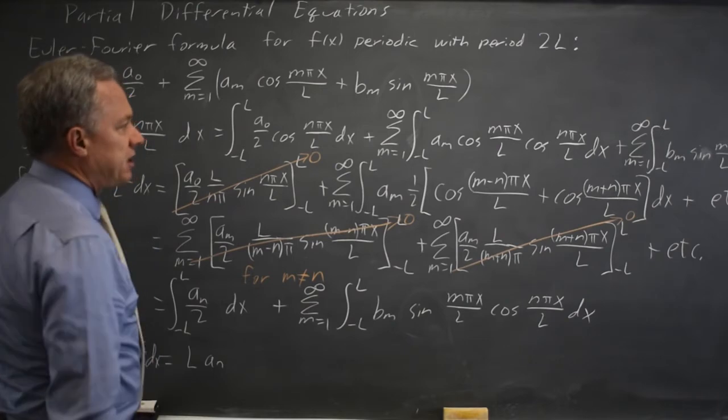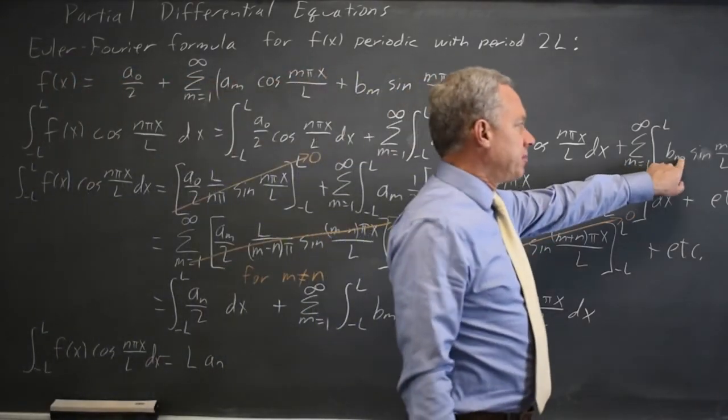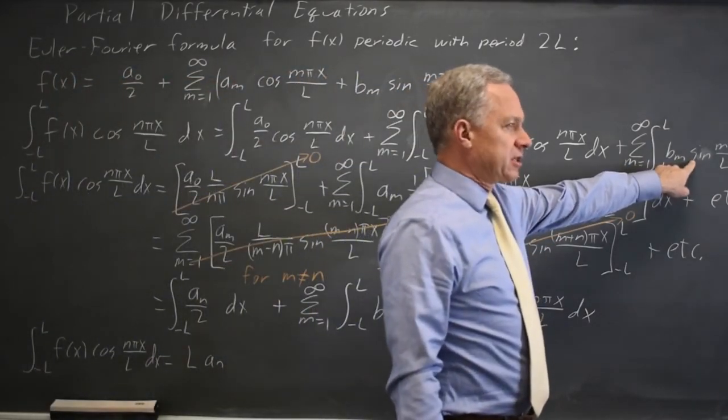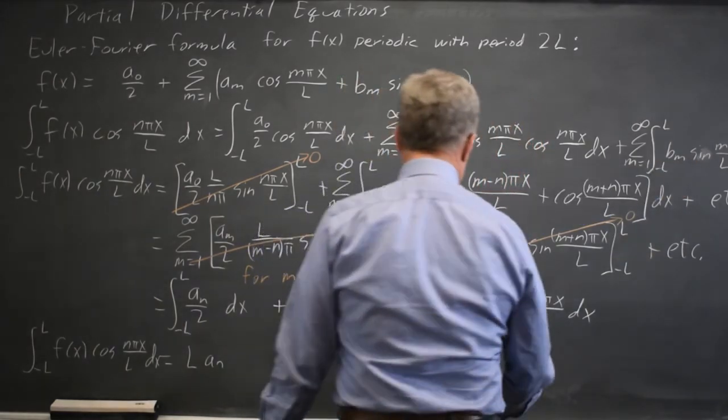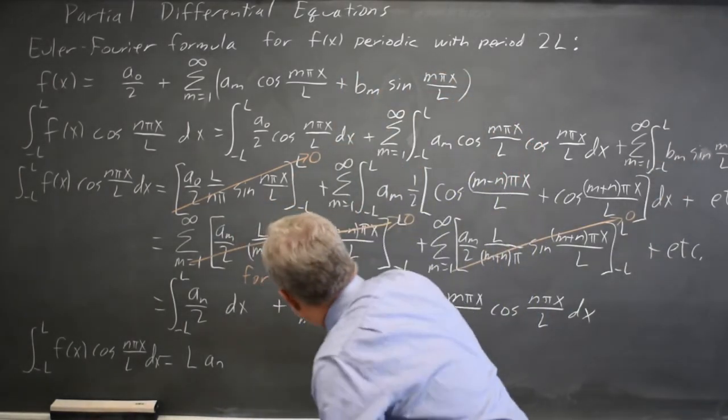And then I need to find the integral of this b sub m sine m pi x over L cosine n pi x over L. And that's 1/2 the sine of the sum plus sine of the difference.